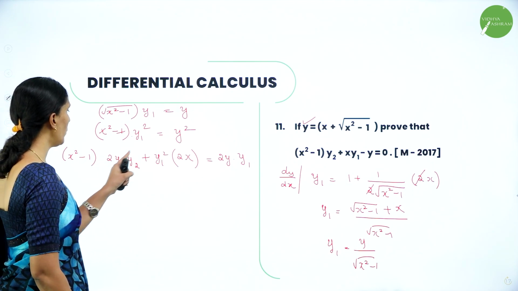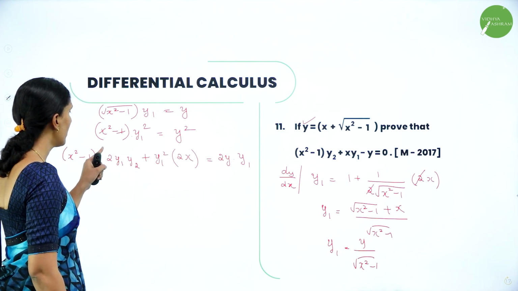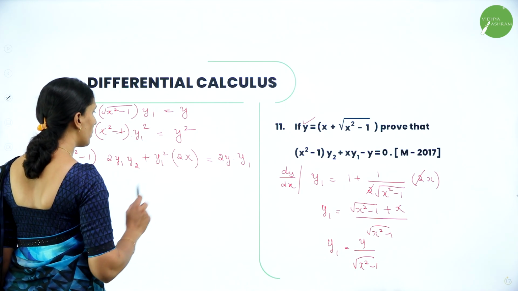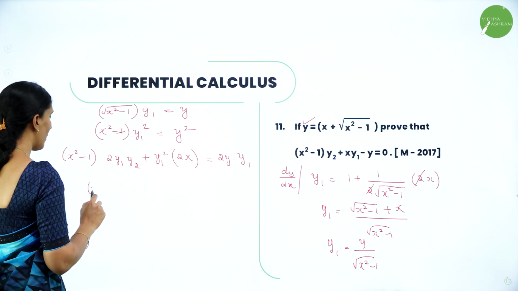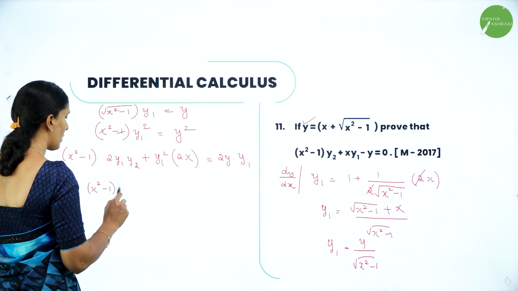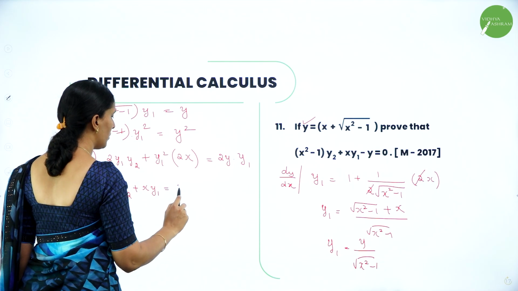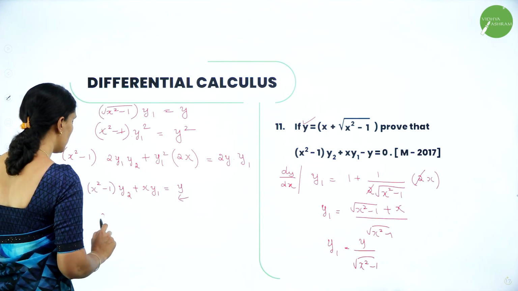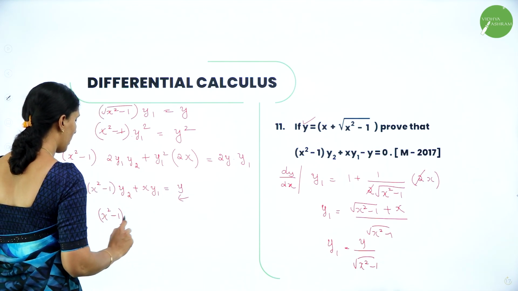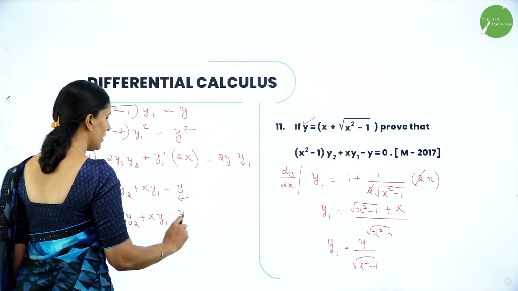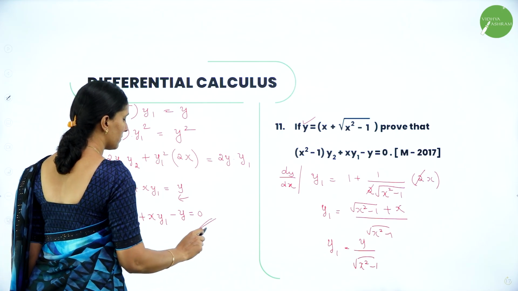Now you can see 2 is common in all the terms, y1 is also common. So let us divide throughout by 2y1, then we are left with (x square minus 1) y2 plus x y1 is equal to y. Shift y here. So we are left with (x square minus 1) y2 plus x y1 minus y is equal to 0.